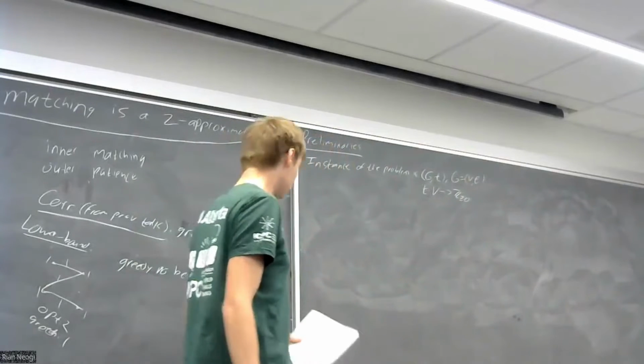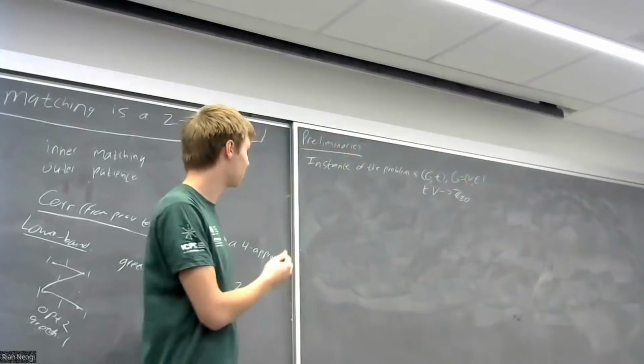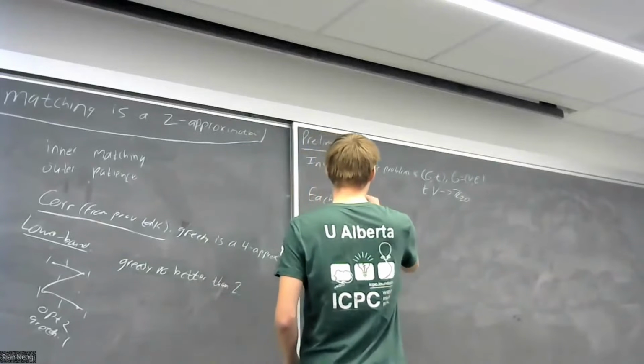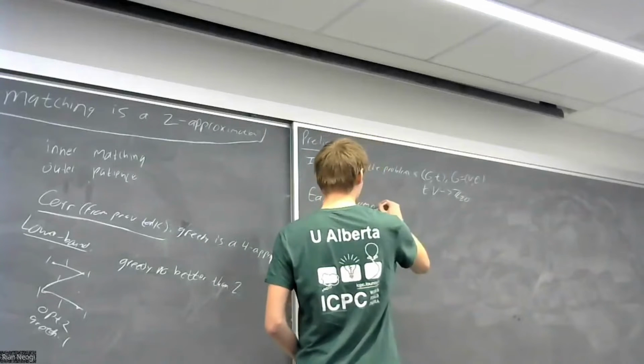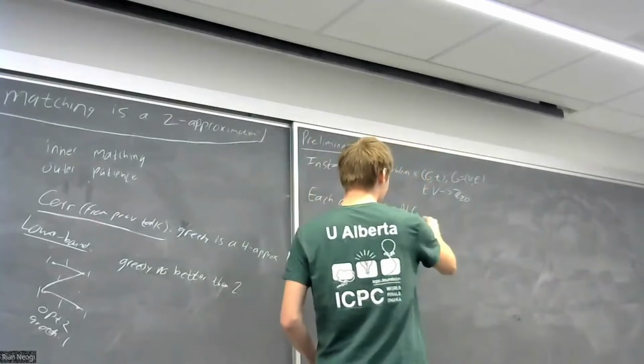Right. So if we think about how to represent a deterministic algorithm for this, we can represent it as a decision tree, where we have some deterministic alg.